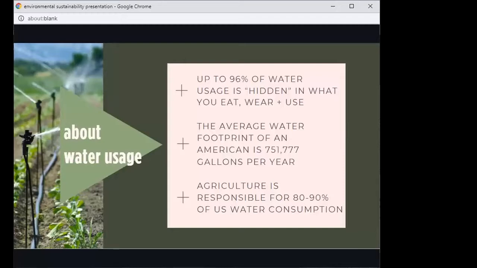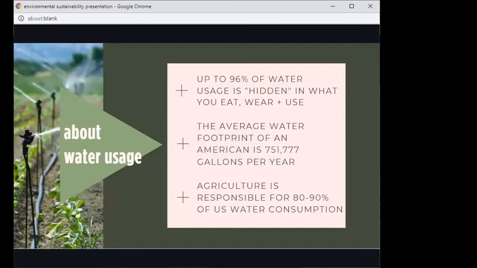So what you eat, for example, a pound of beef uses over 1,800 gallons of water to produce. What you wear, things like a cotton t-shirt, for example, requires 700 gallons of water to produce. And then things that we use. So a new set of tires for your car would be over 2,000 gallons of water to produce.